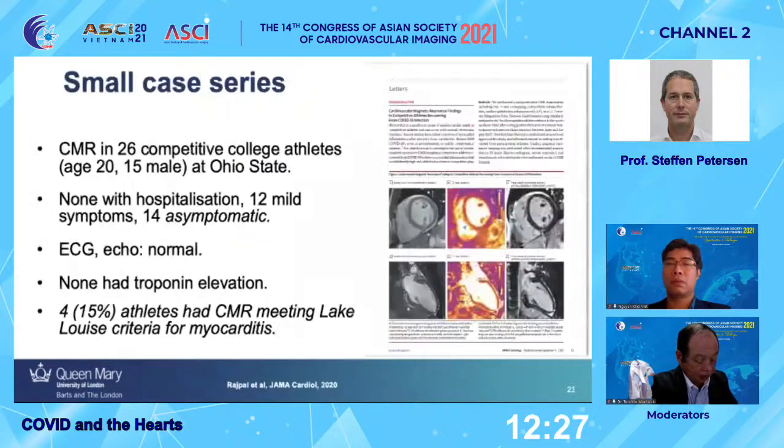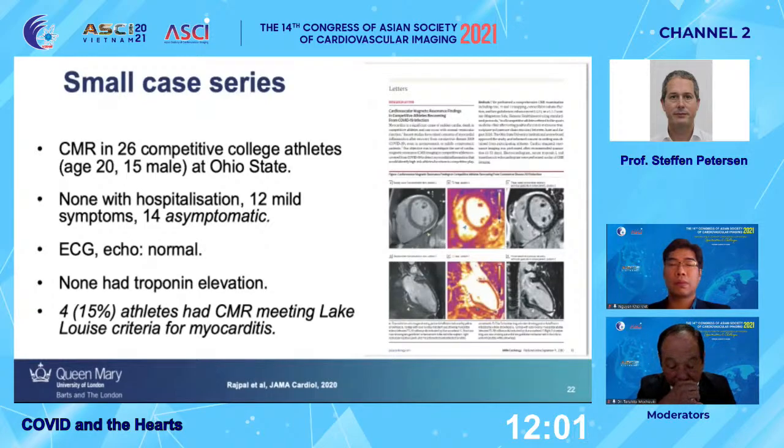The first publication was from Rajpal and reported a small case series and raised the issue of COVID-19 infection in athletes at Ohio State. The authors described CMR in 26 athletes. None had been hospitalized, 12 had mild symptoms, and 14 had asymptomatic COVID-19 infection. The ECG and echo were normal in all athletes. None had troponin elevation.